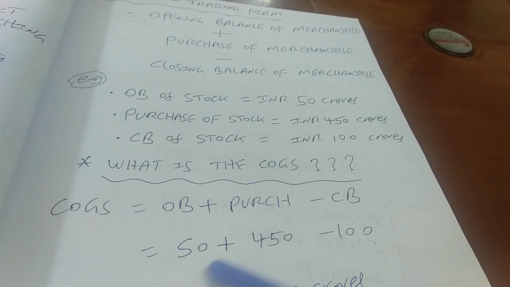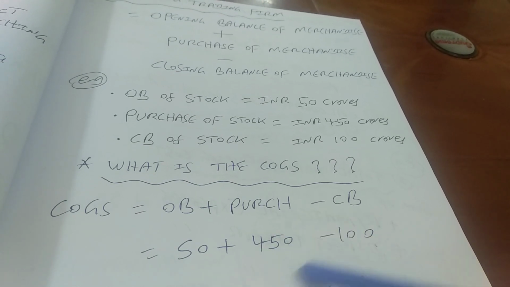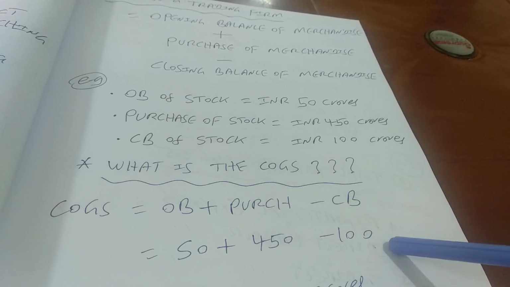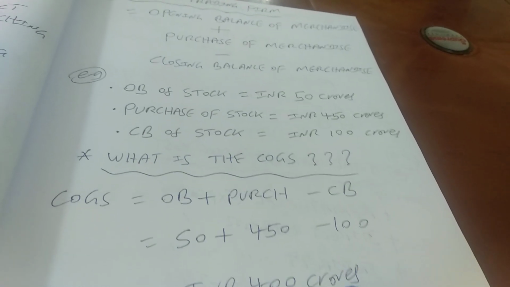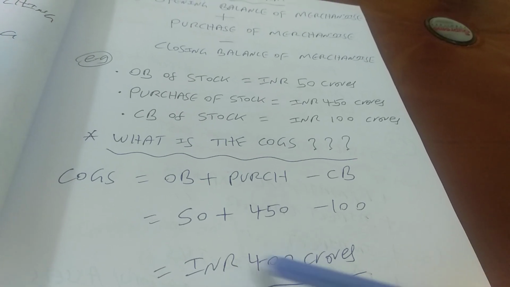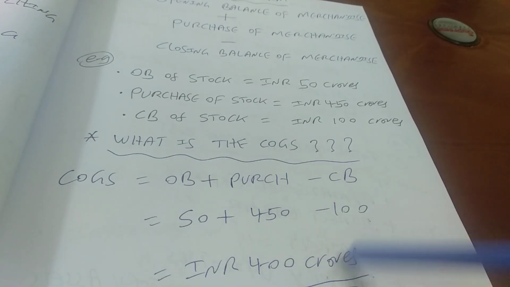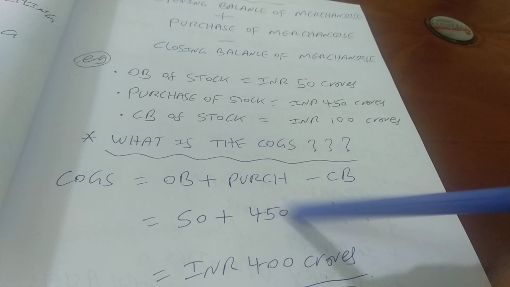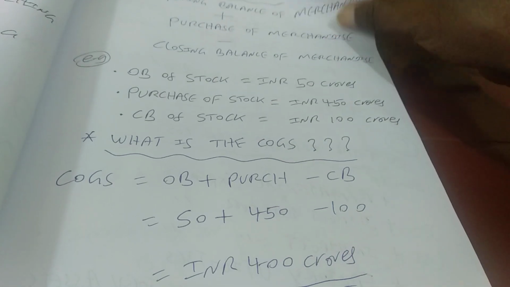Opening balance of inventory is 50 crores, purchase of inventory is 450 crores, closing balance of inventory is 100 crores. So what is the net amount? It is INR 400 crores, right? So opening balance of inventory plus purchase of stock minus closing balance of inventory gives you INR 400 crores. That is nothing but the cost of goods sold for this trading firm for this period.